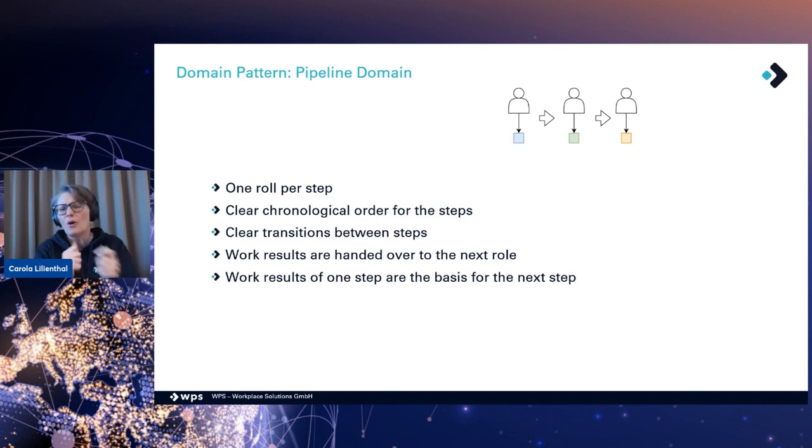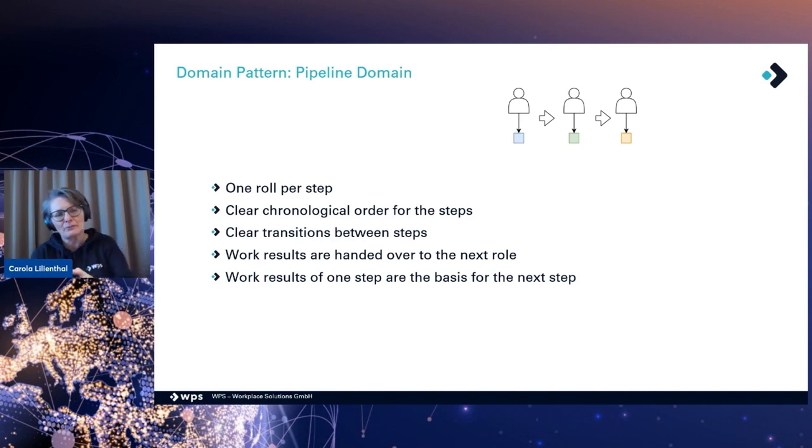The steps have an order, and it is clear that the later steps cannot be done without the steps before. So there is an order 1, 2, 3, 4, and so on. Each role completes a work step and passes the work result to the next station, so to speak, to the next role, where someone takes this work result and does some further processing on it.